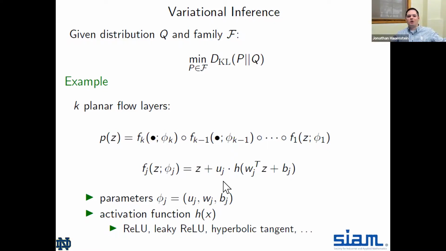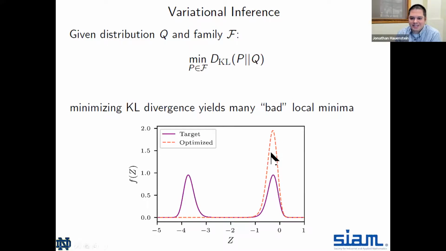So this is all great, sets up nicely until you actually try it in practice. And what happens is, as you do this in practice, you get lots and lots of minima that are actually pretty terrible.